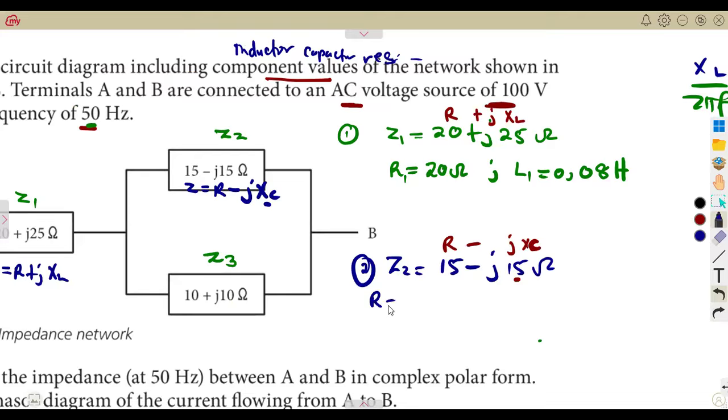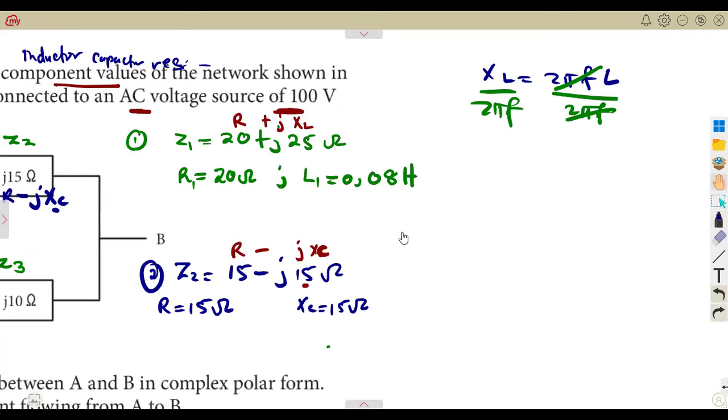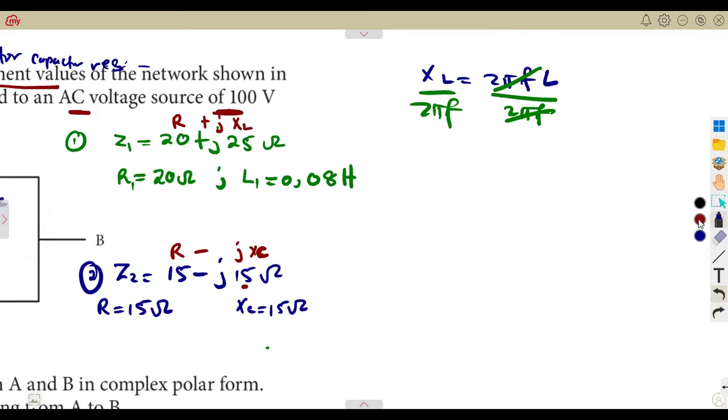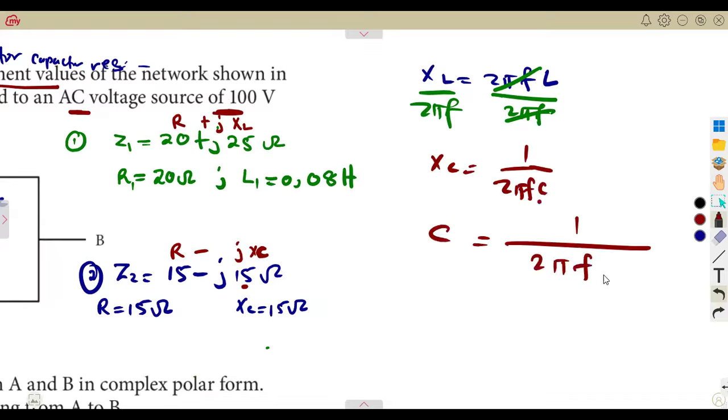So resistance is 15 ohms. XC is 15 ohms. But we do not need XC, we need the capacitance. The component there is the capacitance. So remember that from your formula sheet, we saw that XC is given by 1 over 2 pi FC. It also follows that if you want to calculate C, C is given by 1 over 2 pi F XC.